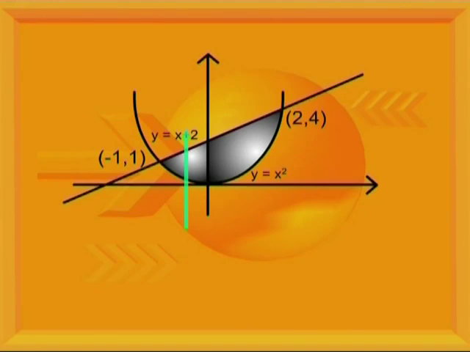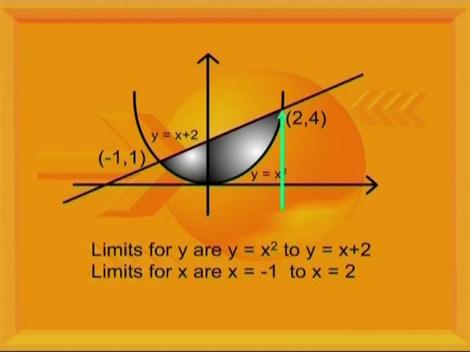And the limit for x, if we move this vertical line we have drawn towards left, then the extreme left point where this region ends is x is equal to minus 1.